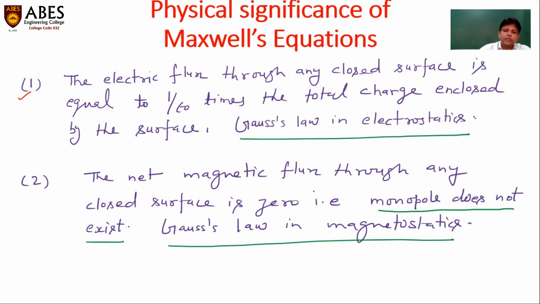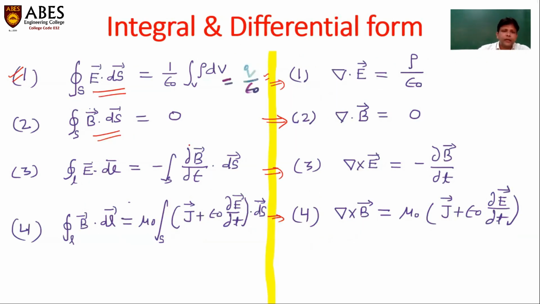The second equation says the magnetic flux through any closed body is equal to 0. This one is the Gauss law in magnetostatics. It means that if you have a magnet, the magnet must have two poles, a south pole and a north pole, and only then is it possible that the magnetic flux through any closed body is equal to 0.